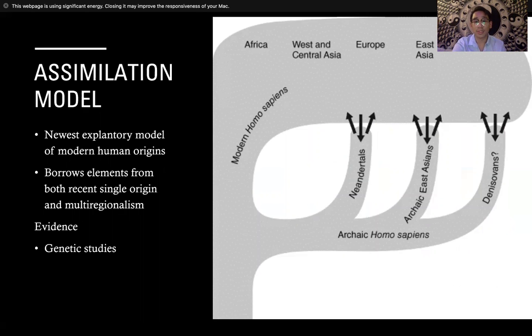The supporters of this theory say that modern humans have an African origin, but once these groups moved out of Africa, they were able to successfully integrate with other hominid populations, such as Neanderthals and Denisovans. It combines elements from both of the other outlined models.